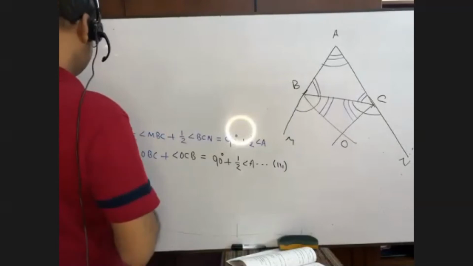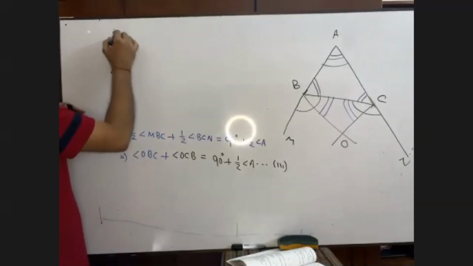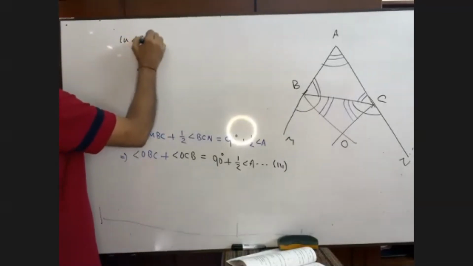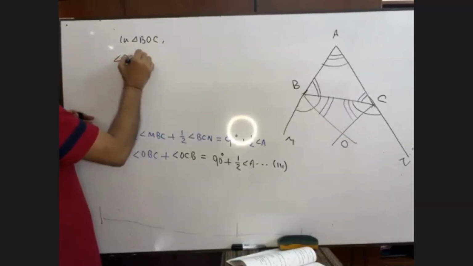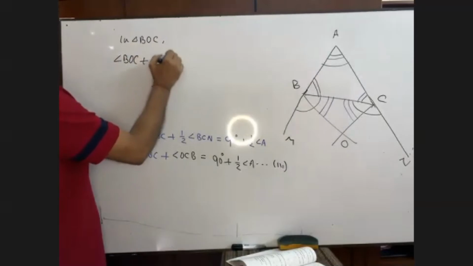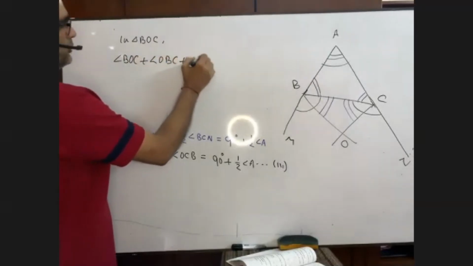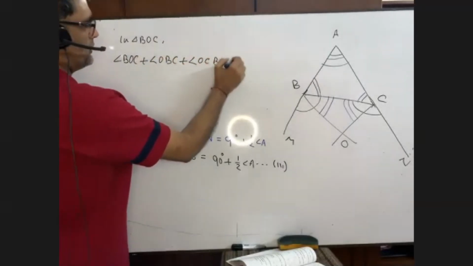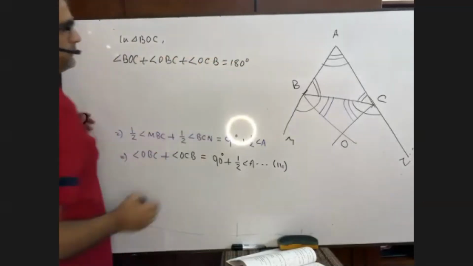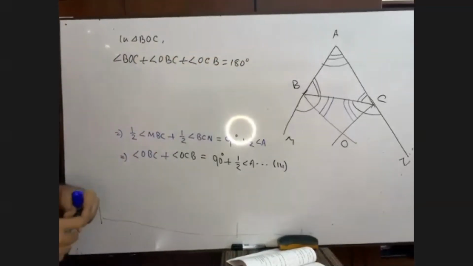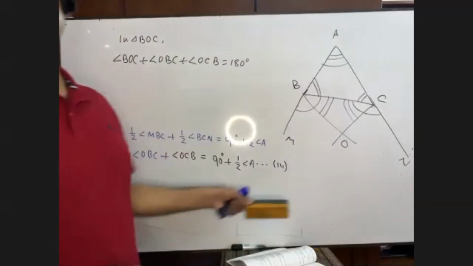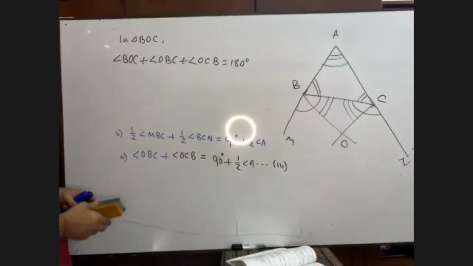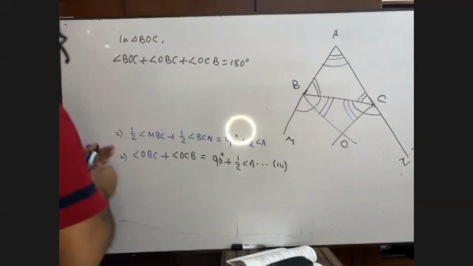Now you see, again in triangle BOC, what are you getting? Angle BOC plus angle OBC plus angle OCB equals 180 degrees. Now, what is the value of these two angles?